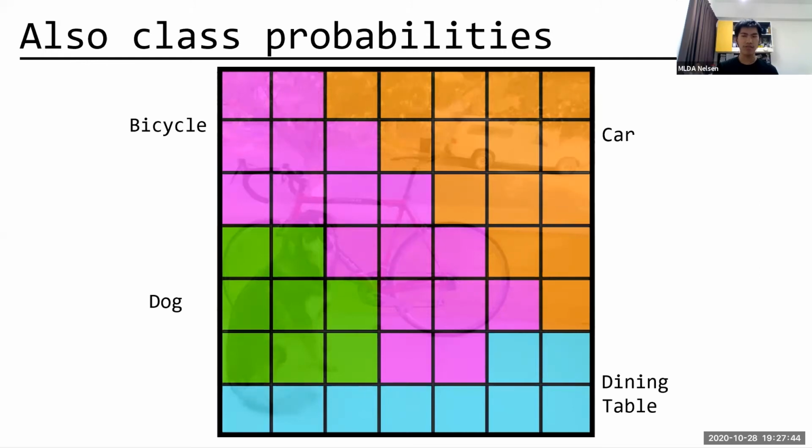Lastly, once we have all of this, we can combine it into one single thing. So we have these class probabilities corresponding to a specific bounding box, as we mentioned earlier. Once we combine this, we can get this one.